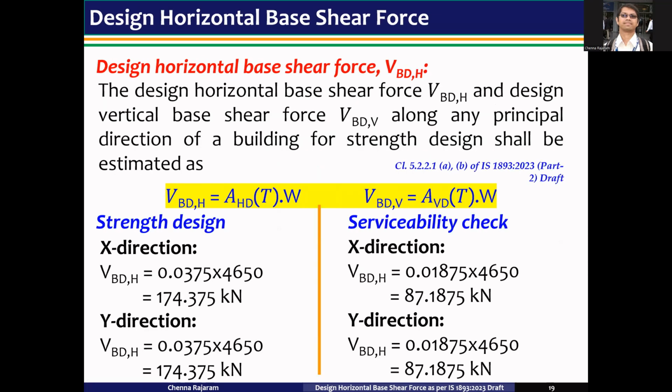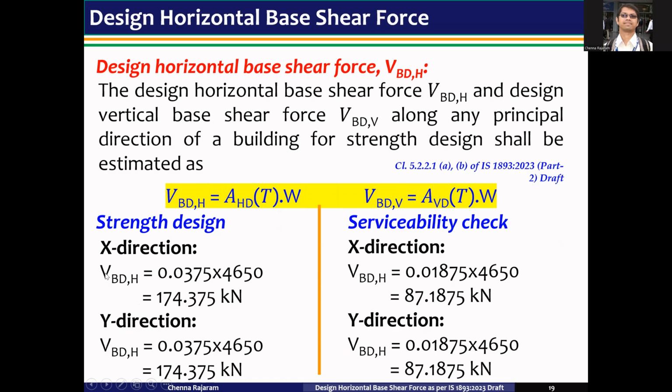Then the design horizontal base shear force, that is VBDH, and design vertical base shear force VBDV along any principal direction of the building for strength design shall be estimated as follows. The base shear force is equal to AHD of T multiplied with W along X direction as well as Y direction for strength design and serviceability check.